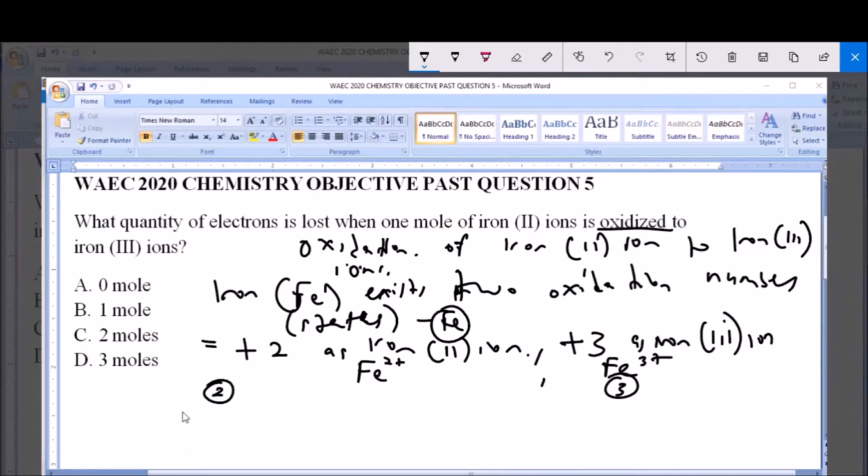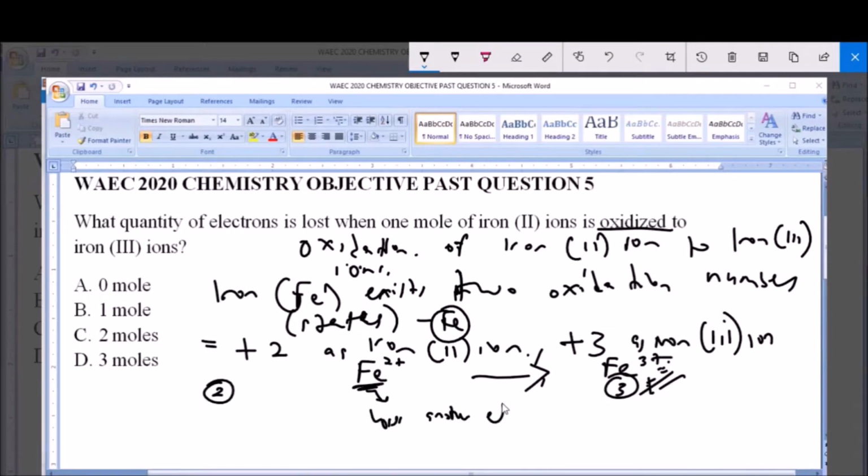Now, iron 2, which is this, can further be oxidized to iron 3, which is this state. How that can happen is if it loses another electron.